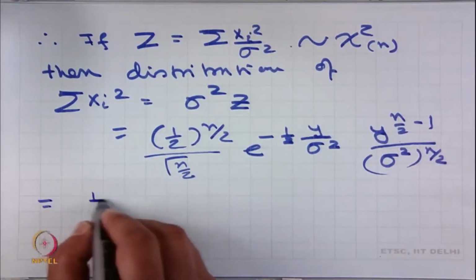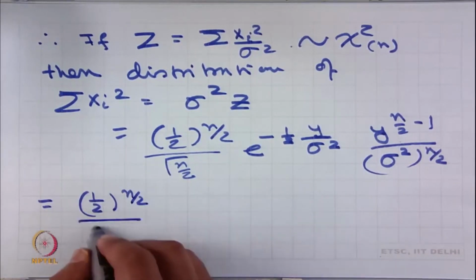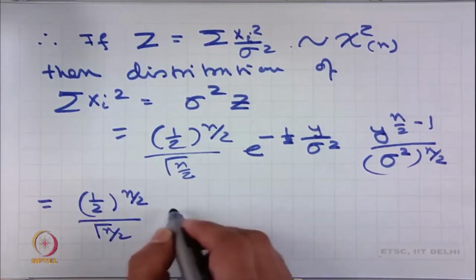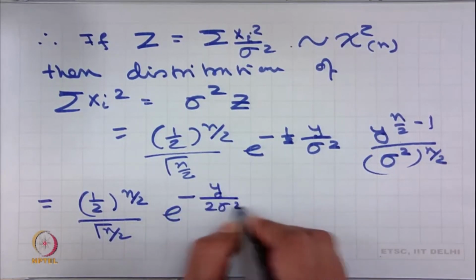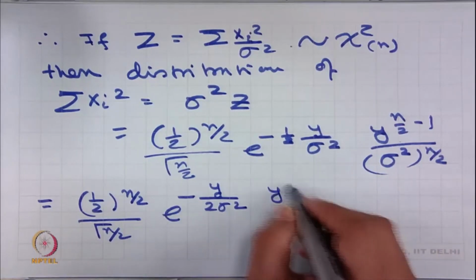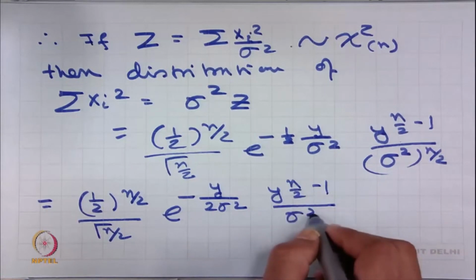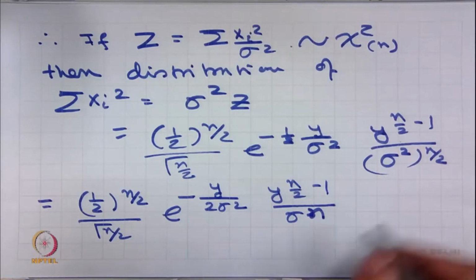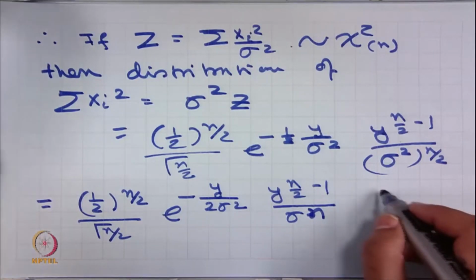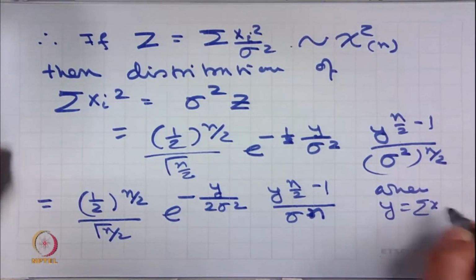This is equal to half to the power n by 2 upon gamma n by 2, e to the power minus y by 2 sigma square, y to the power n by 2 minus 1 upon sigma to the power n, where y is equal to summation xi square.